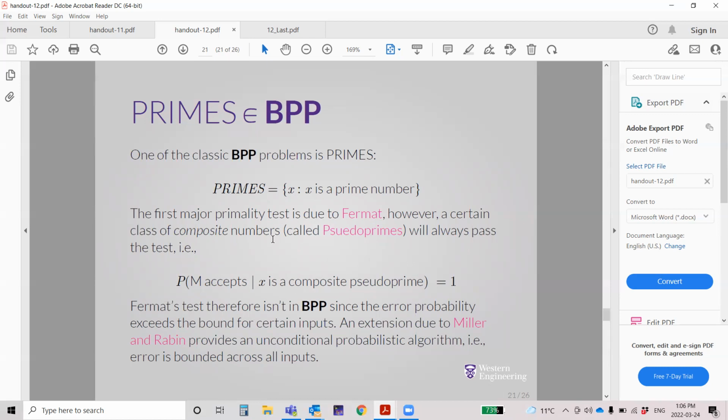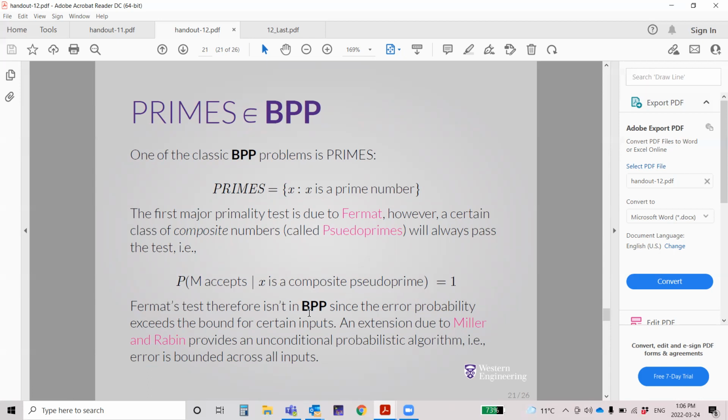However, a certain class of composite numbers called pseudoprimes will always pass the test. The Fermat test, therefore, isn't in BPP since the error probability exceeds the bound for certain inputs.